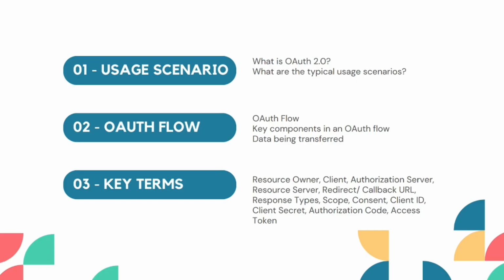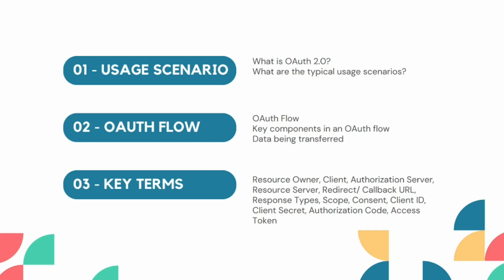In this video, we look at what OAuth 2.0 is, and what a typical usage scenario for OAuth is. We will then take a look at the OAuth flow, key components or systems in that flow, and the data being transferred across systems in the OAuth flow.